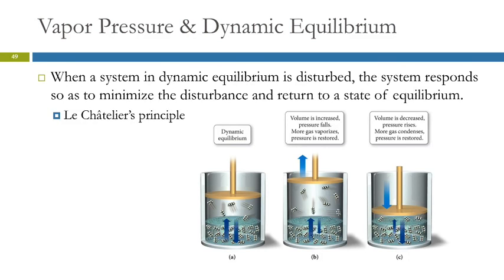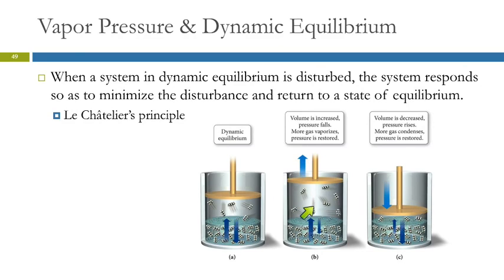Well, what if we mess with that equilibrium? So here we have a piston with liquid pentane, and we've got an equilibrium established here between pentane in the gas state and pentane in the liquid state, dynamic equilibrium. If we increase the volume of this cylinder, the volume of the liquid doesn't change, but the volume of the gas changes. When you cause the gas volume to increase, what does that do to the pressure? It goes down. Pressure goes down when you increase the volume.